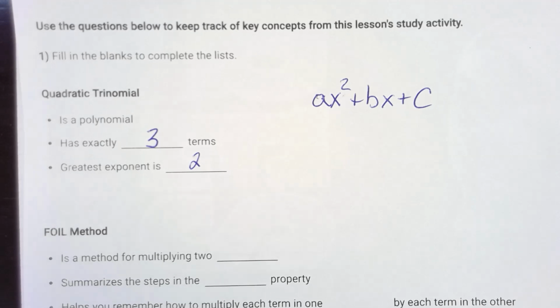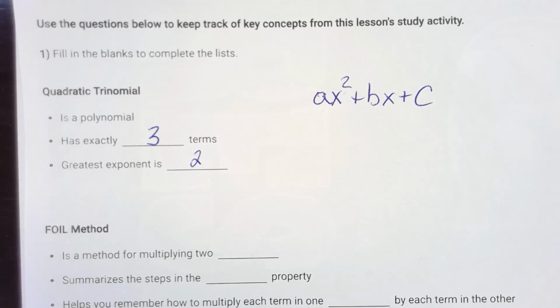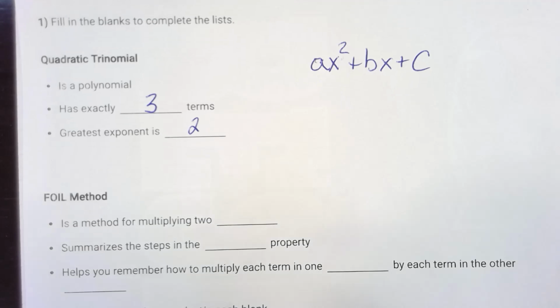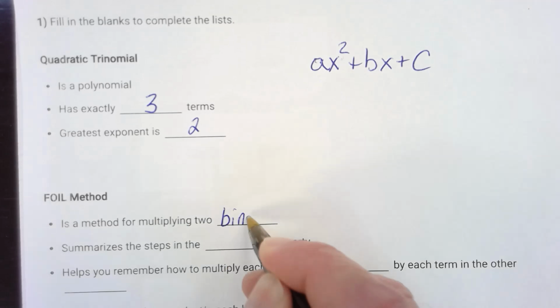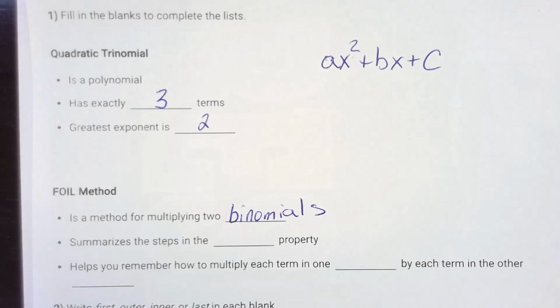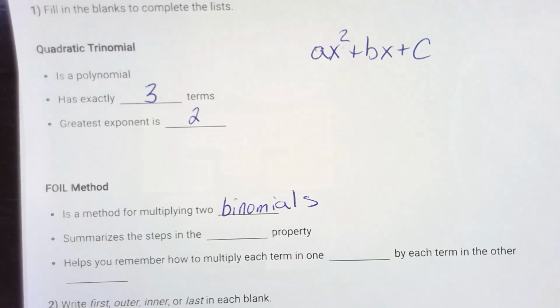FOIL is a method for multiplying 2 binomials. It summarizes the steps and the distributive property.